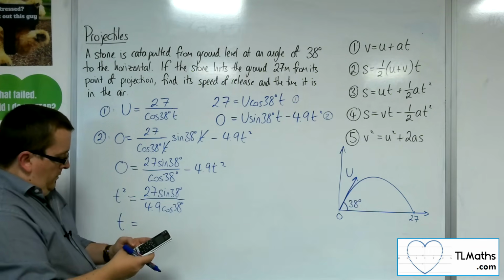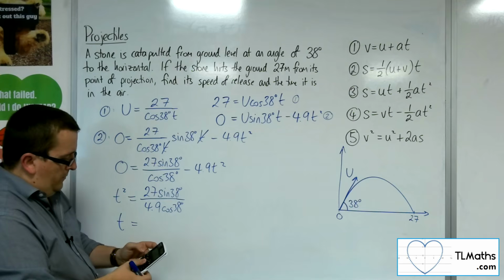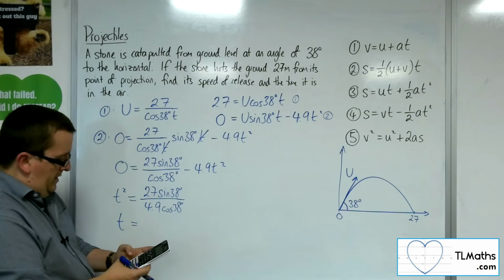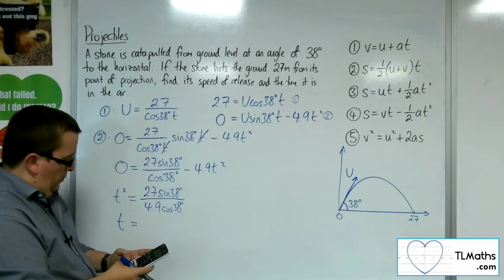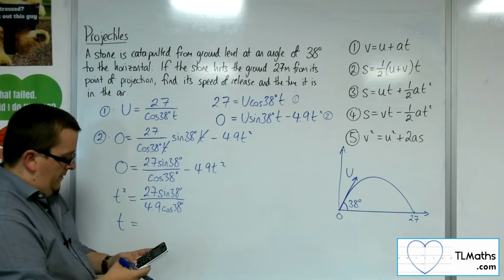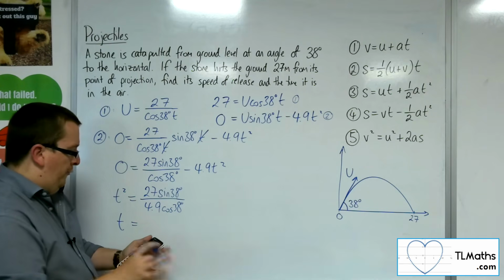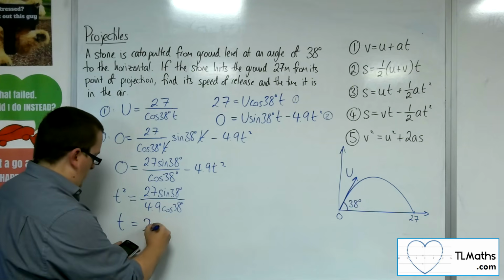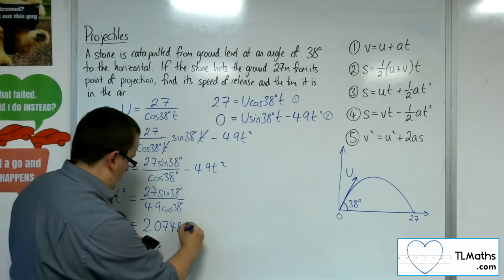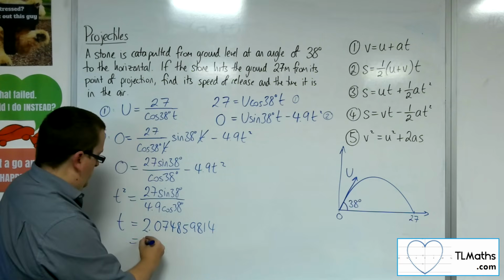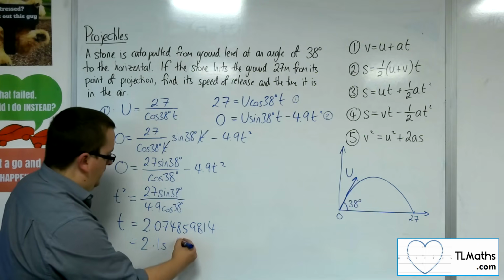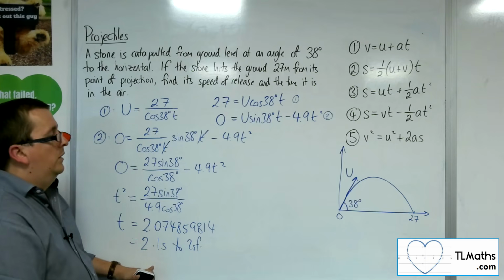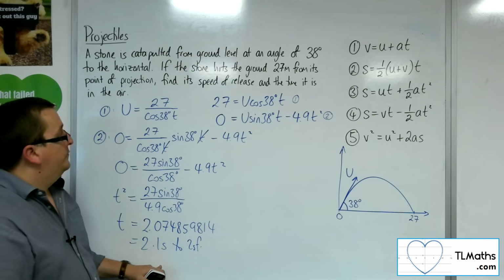Making sure you're in degrees, 27 times sine of 38 over 4.9 times cosine 38 is 4.305. I square root that, and I get 2.074859814, so 2.1 seconds to two significant figures. That is how long the stone is in the air.